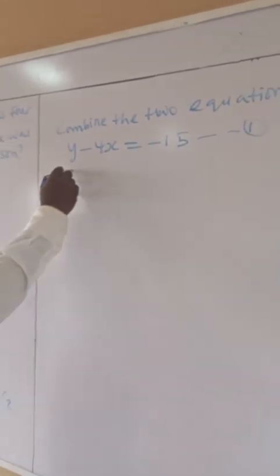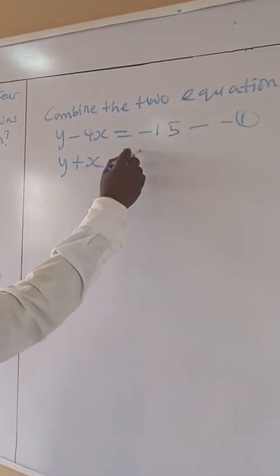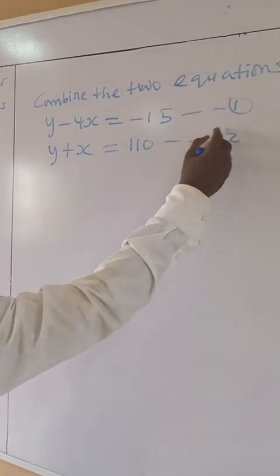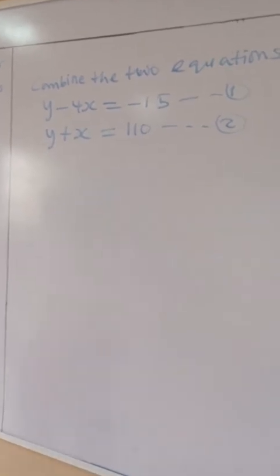The second one is y plus x equals 110. That one is equation 2. I have 108 plus 2, that's 110.